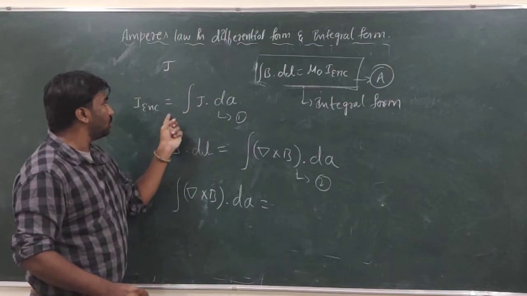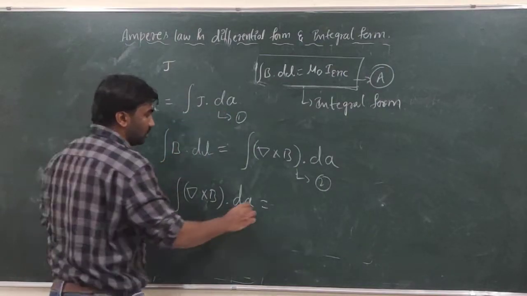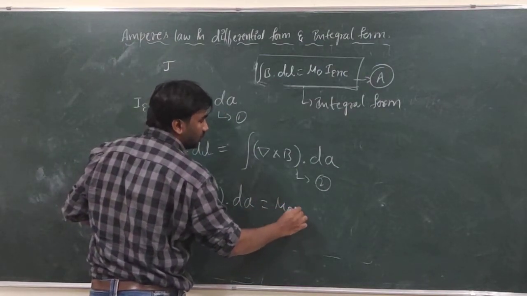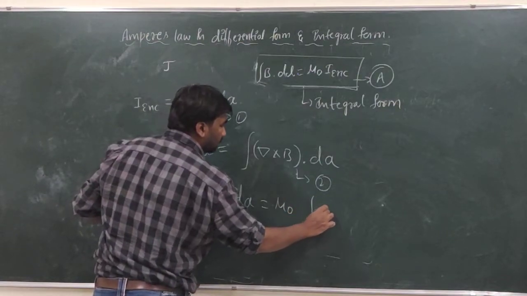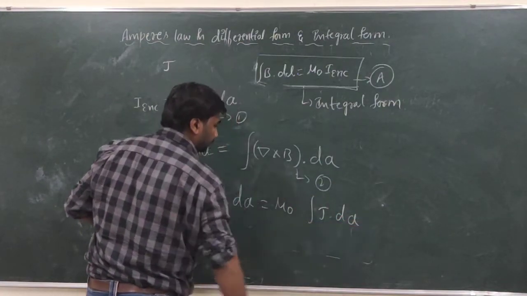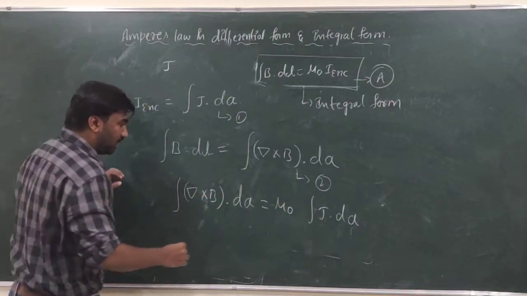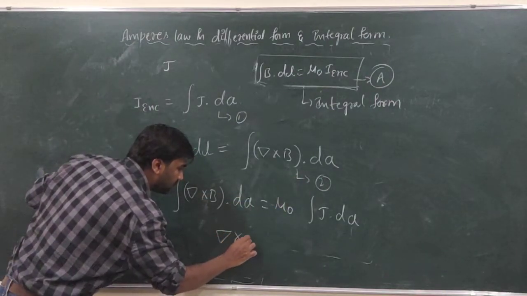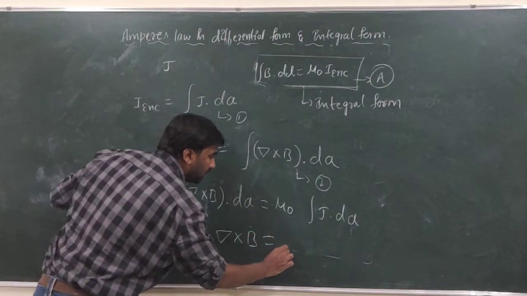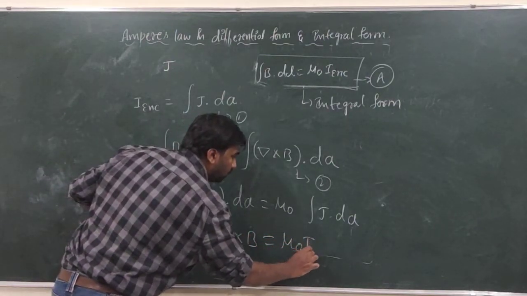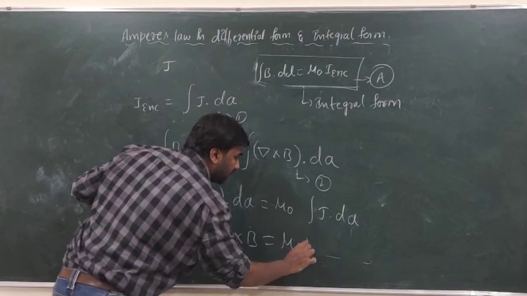I enclosed is equal to the integration of J dot dA. So mu naught into the integration of J dot dA. Both are surface integrals, so we can reduce this equation to del cross B is equal to mu naught into J.